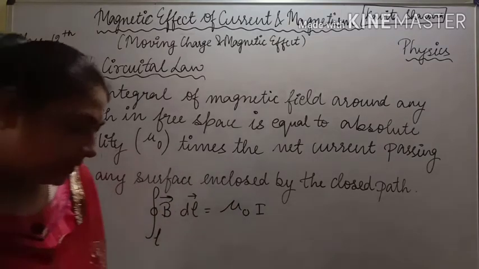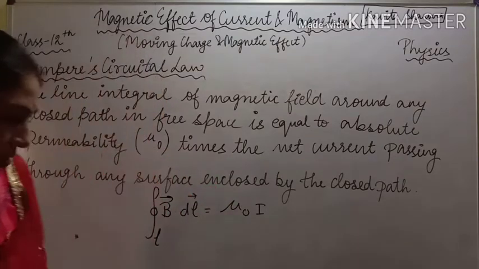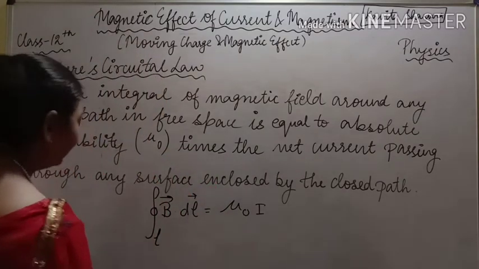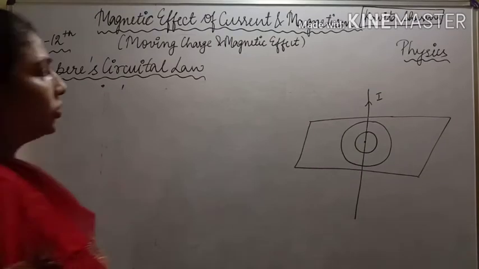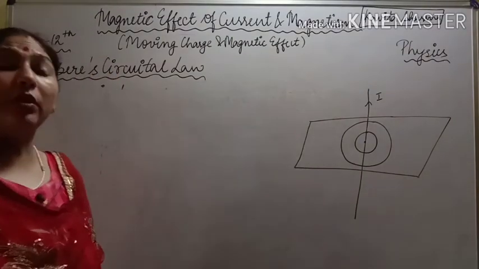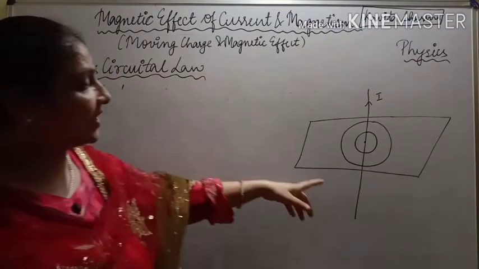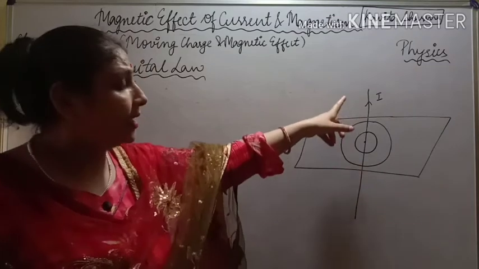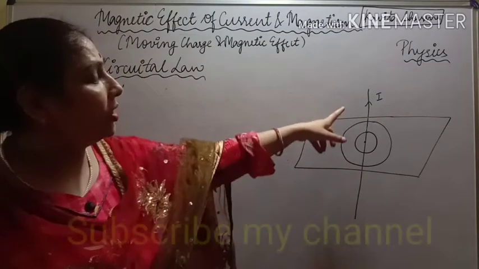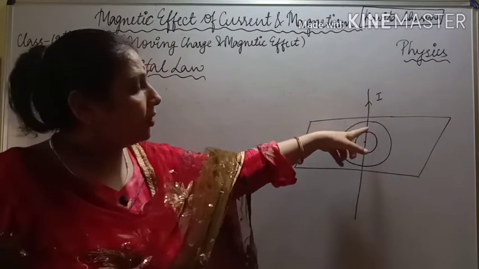To understand it, we take an example. To understand Ampere's circuital law, we take a current carrying conductor which is infinitely long, with current I flowing in it.